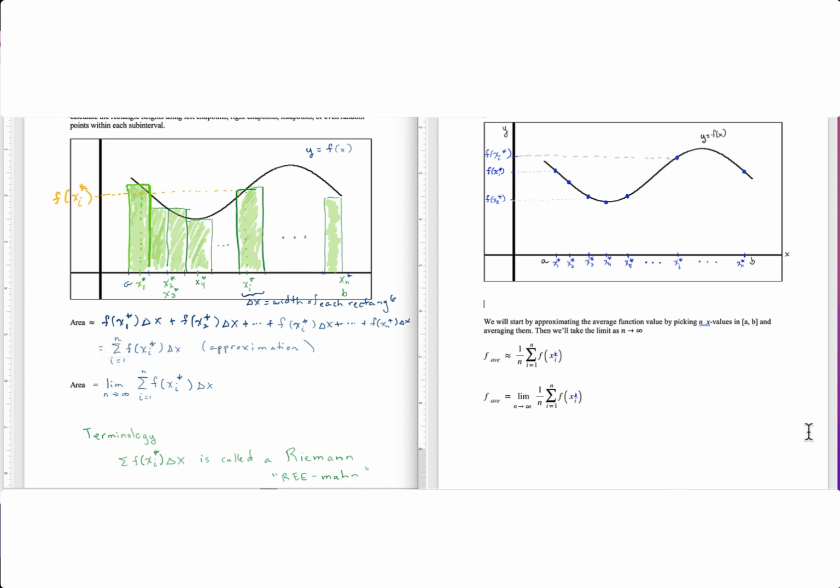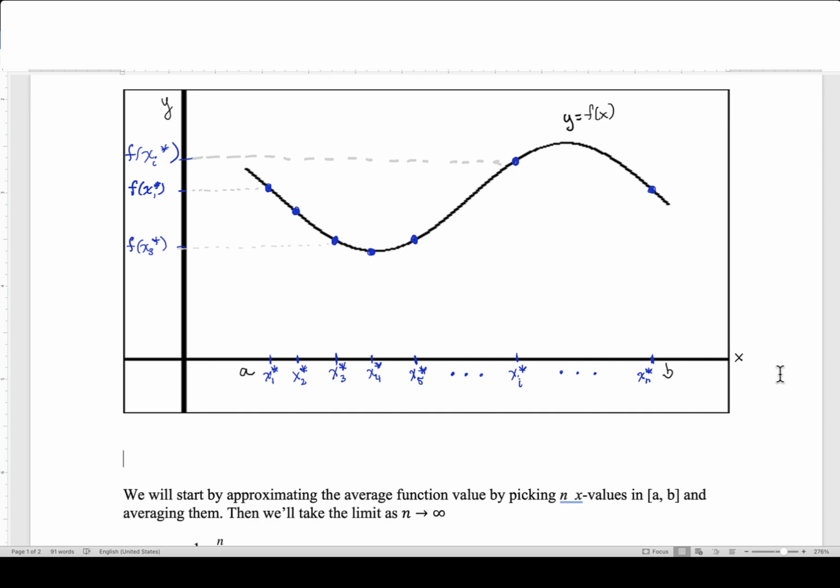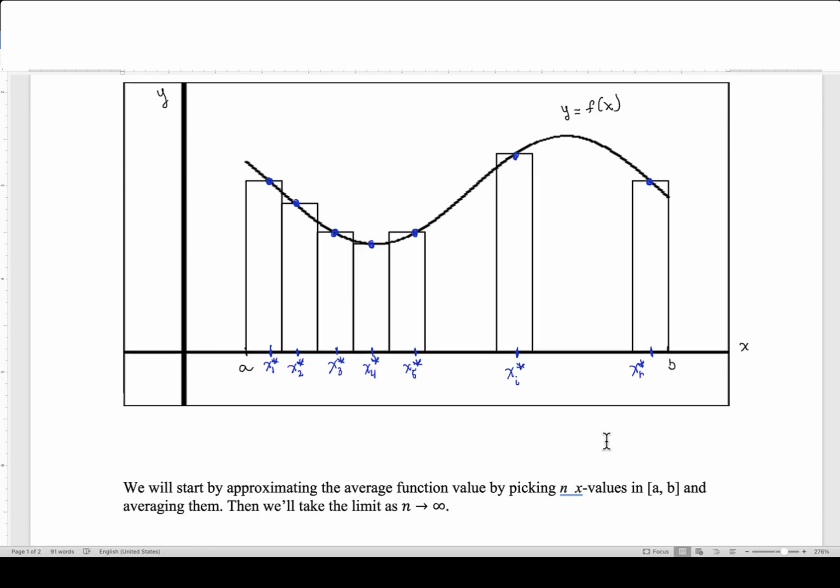Let's see how we can get that delta x in there. We're going to need some rectangles to do that, so let's put in some rectangles. I've divided the interval from a to b up into n rectangles. You can now see that I chose one x value from each rectangle to get my x sub i stars.